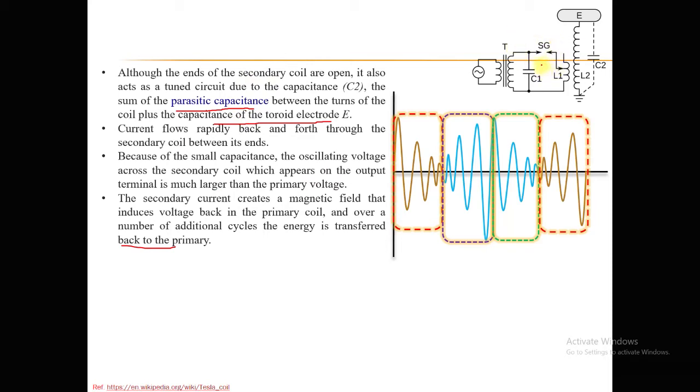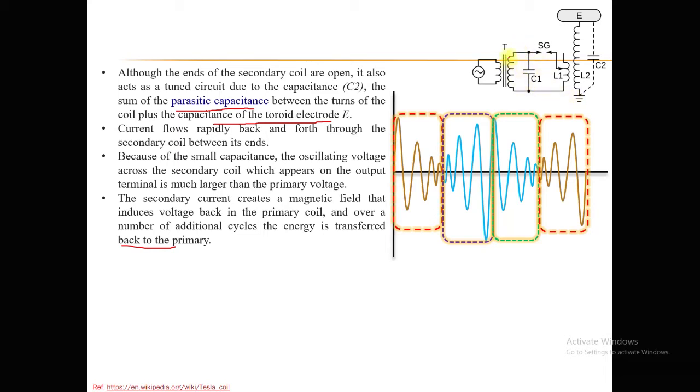Once the potential across this sphere gap becomes lower than its breakdown voltage, it acts as an open switch, and once it acts as an open switch, no transfer of energy is observed between the primary and the secondary winding. Then the process is repeated.